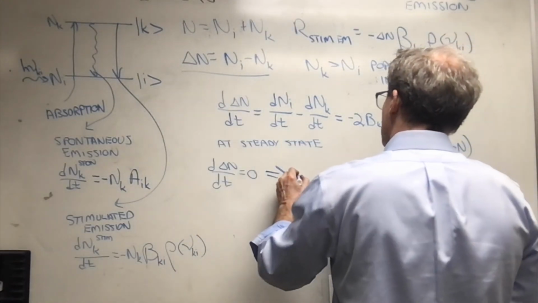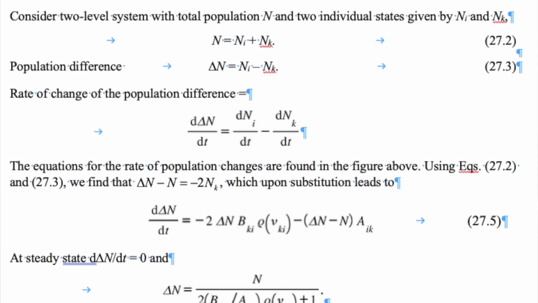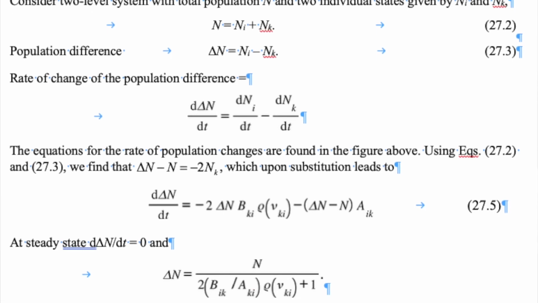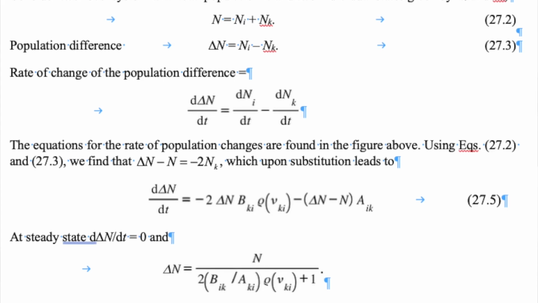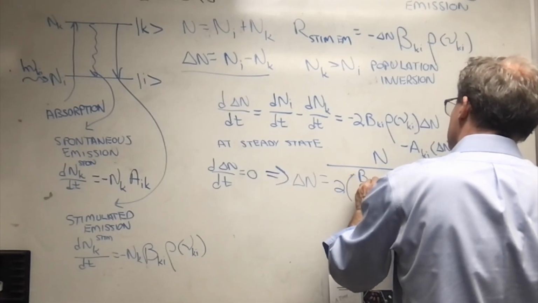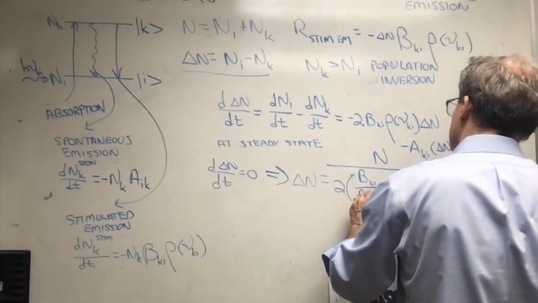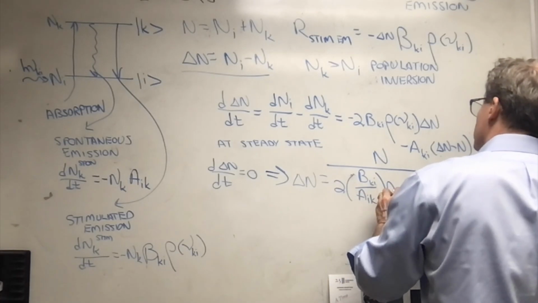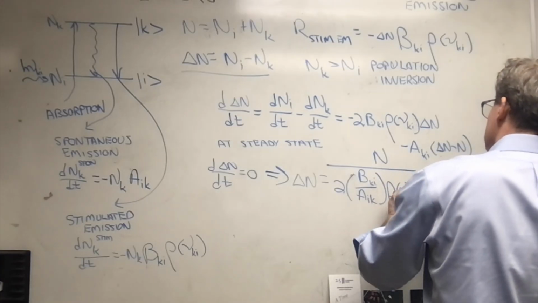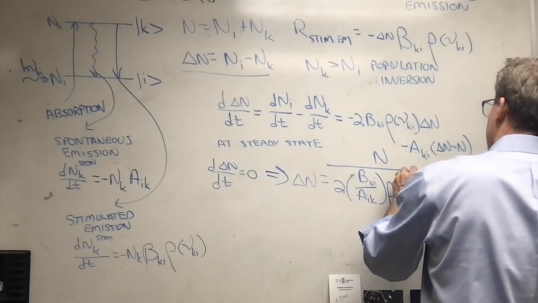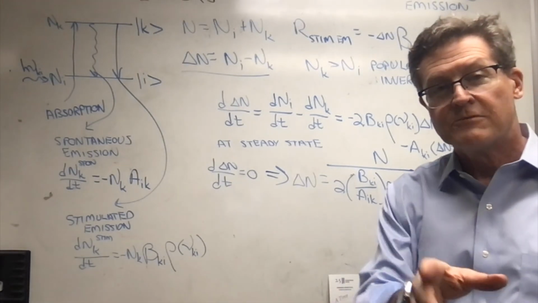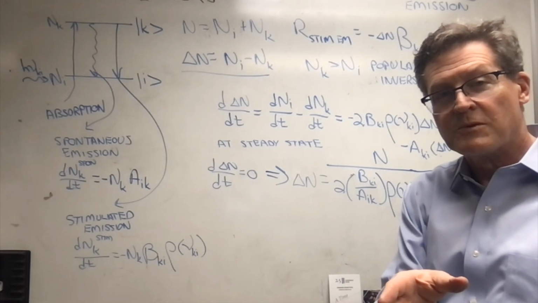What we'll find is that delta n, the population difference, is equal to the total population divided by 2 times the ratio of the Einstein B coefficient to the Einstein A coefficient multiplied by the resonant power density, plus 1. And now we see that it's a little more subtle than what we were thinking before.